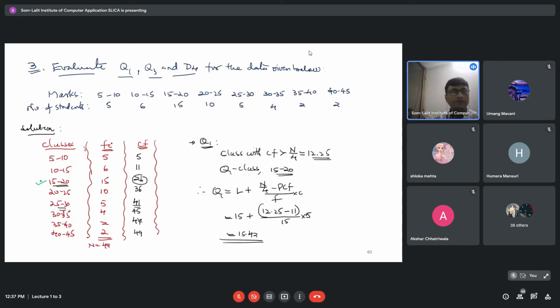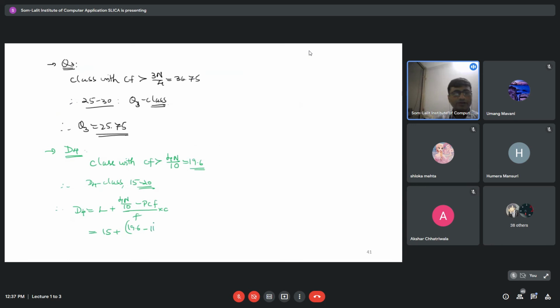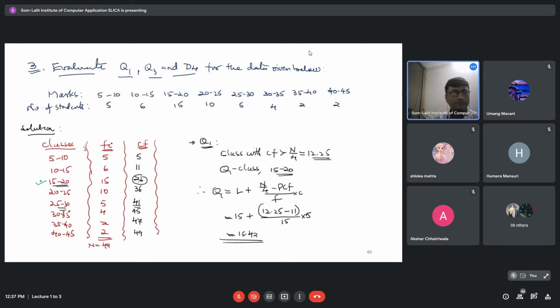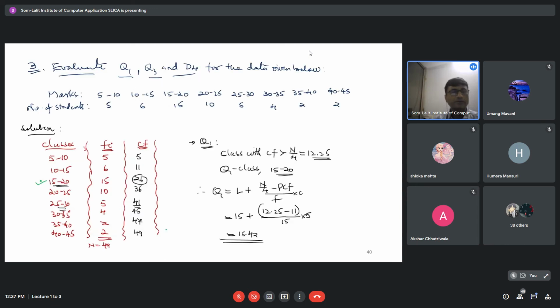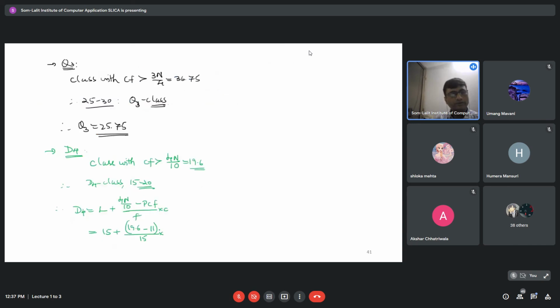What is PCF? How much? 11, no? So here 11 upon f. What is f? That's 15. So upon 15 into class length. What is class length? How much will C be? It is 5. Yes. So just place the value and simplify. Let me know what you are getting from it.